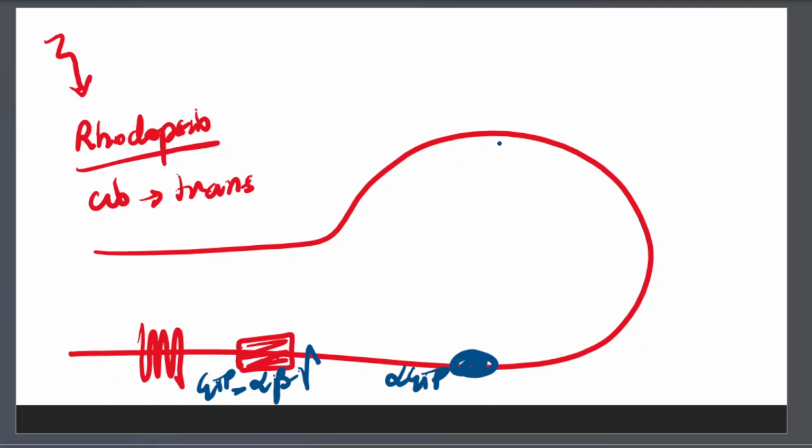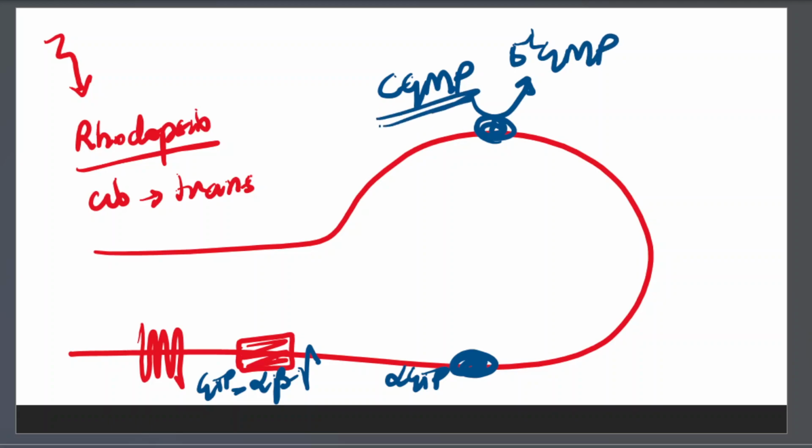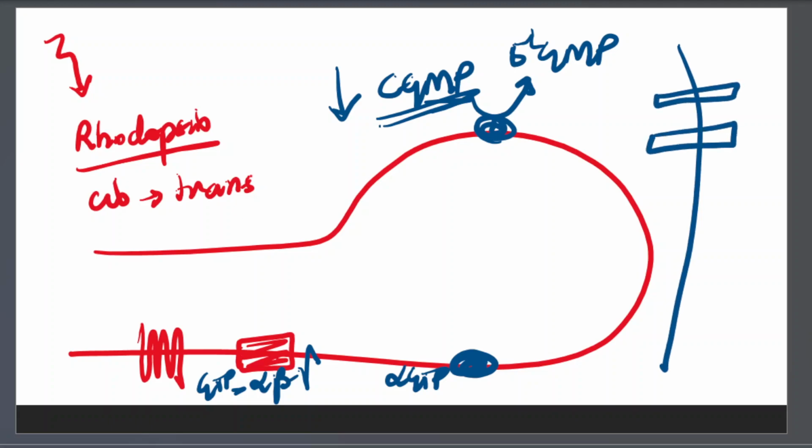The action of phosphodiesterase is to convert cyclic GMP to 5' GMP. So your levels of cyclic GMP are going to get reduced in the cell. Along the cell membrane, we have the cyclic GMP dependent sodium channel. When the levels of cyclic GMP are reduced, the sodium channels will close. So there is no influx of sodium here. This is going to bring about hyperpolarization.